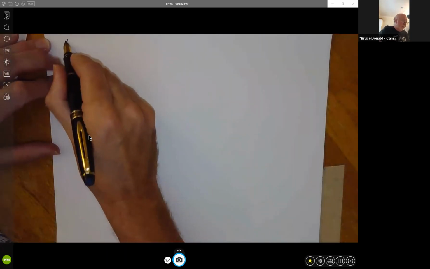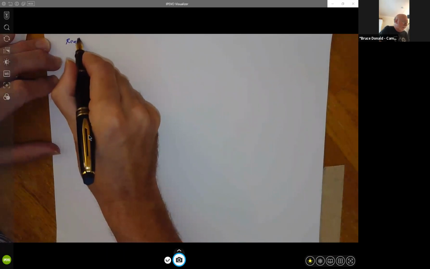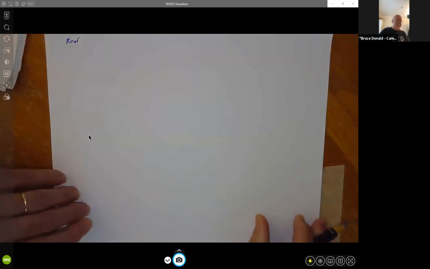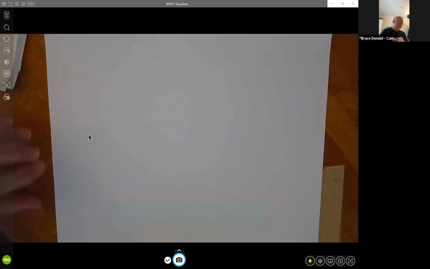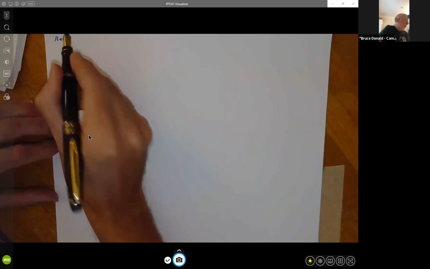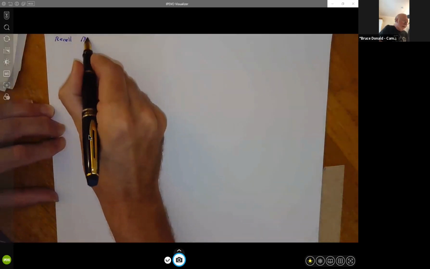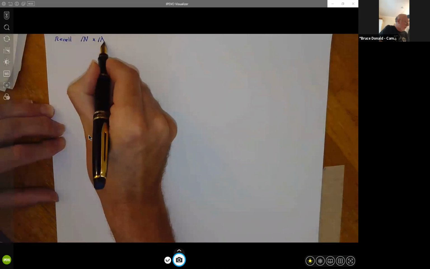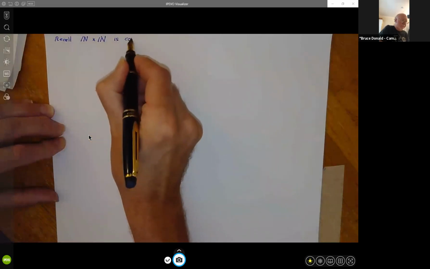So for this proof, recall, well, I have to be able to spell first. So this will become scratch paper. Recall that N cross N is countable.